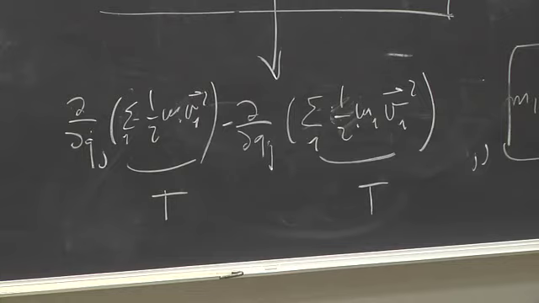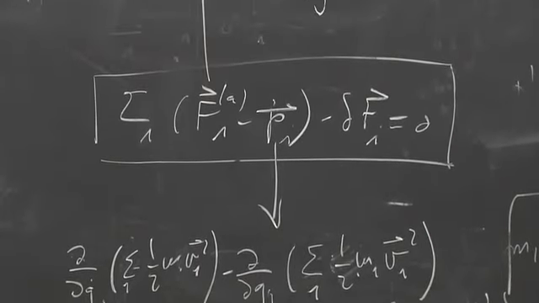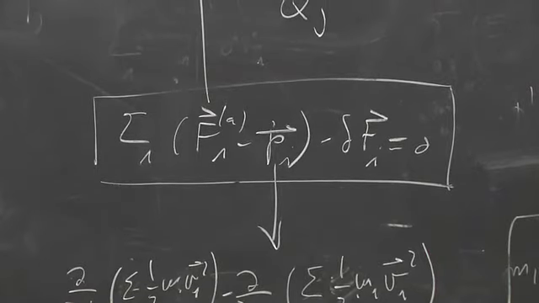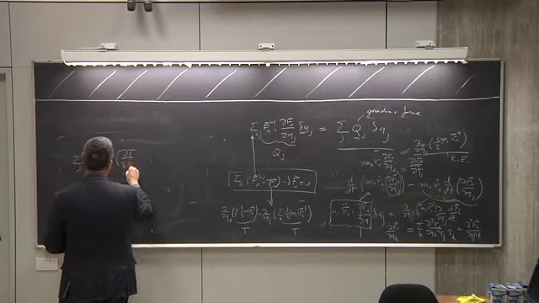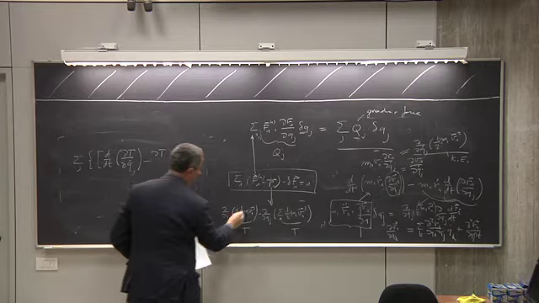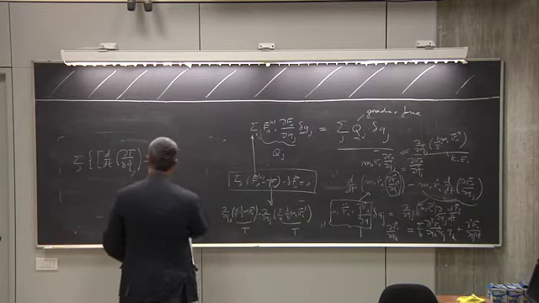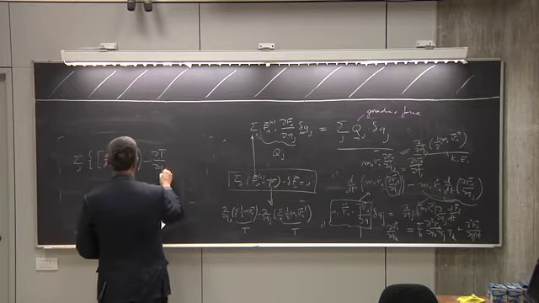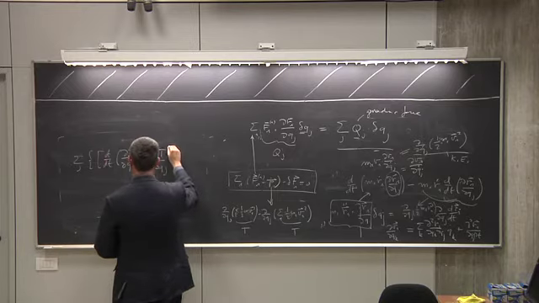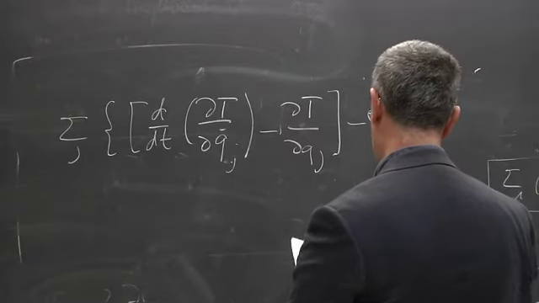So you see that I have d dt of the partial derivative of T with respect to q dot j, minus the partial derivative of T with respect to qj, minus the term with the force that I call Qj.